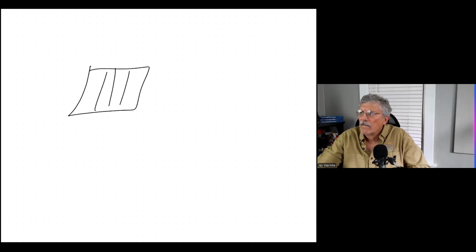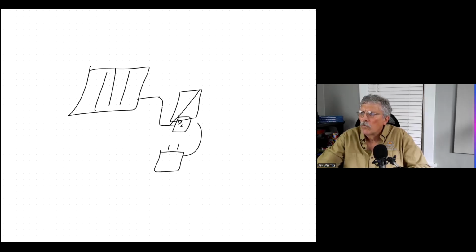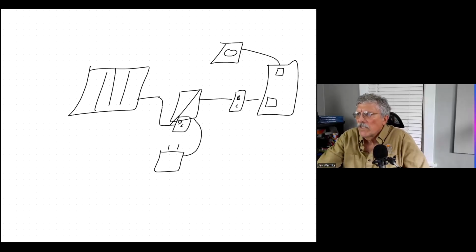So if I come out of there and go into a DC disconnect, and then from there I go to my inverter, and if I've got batteries here and I connect into my inverter there as well, and then I go from here to my AC disconnect, and then I go to my loads at a double pole breaker in your circuit breaker box, out to the meter. All right, there's a certain amount of efficiency with all of this because DC is going in here.